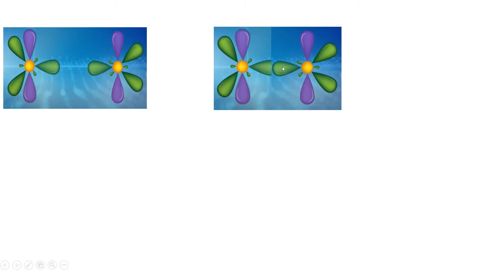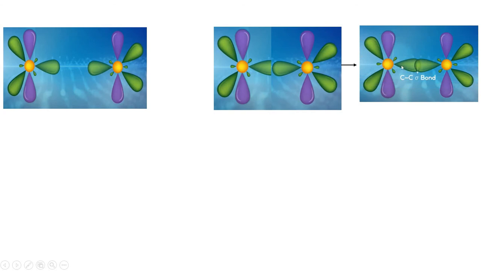So one sigma bond is formed here, another will be formed in this direction, and the third in the other direction. So 3 bonds will be formed. This image shows the formation of a carbon to carbon sp2 sigma bond. This is only one bond formed. The other 2 bonds will be formed by the overlap of the other sp2 hybrid orbitals.